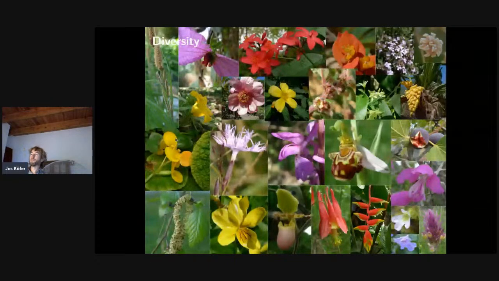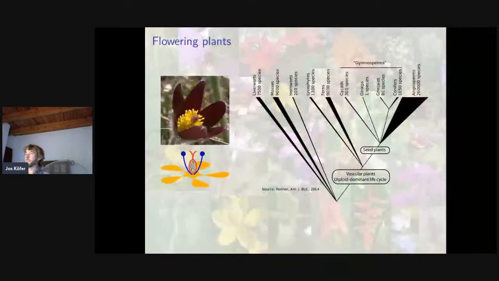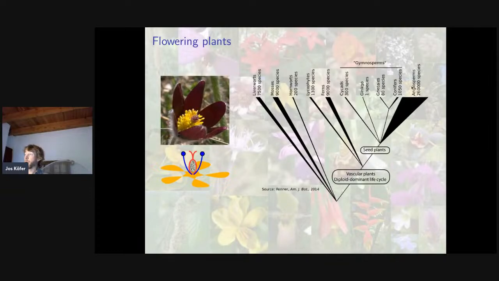So I'm going to focus mainly on flowering plants. Flowering plants are the plants that have flowers. Here is a phylogeny from a few years ago that Suzanne Renner drew in one of her papers. You can see at the right here, the angiosperms, so the flowering plants, are by far the largest group of land plants.